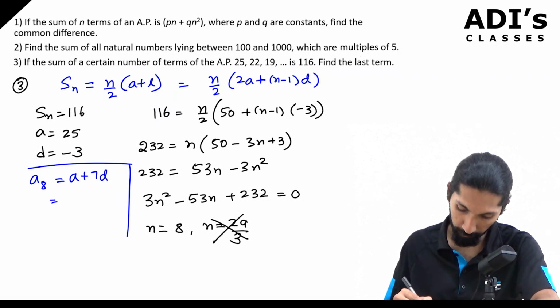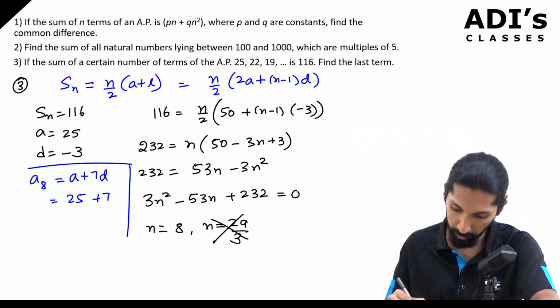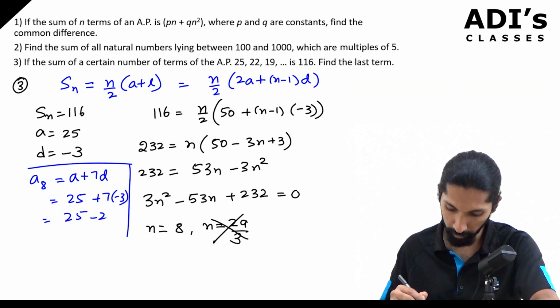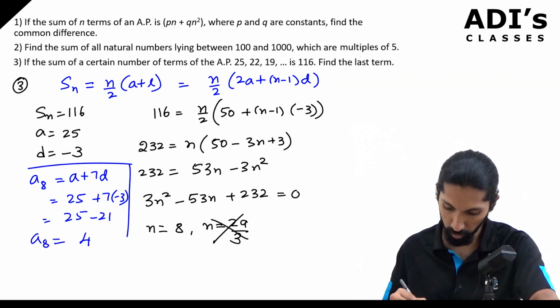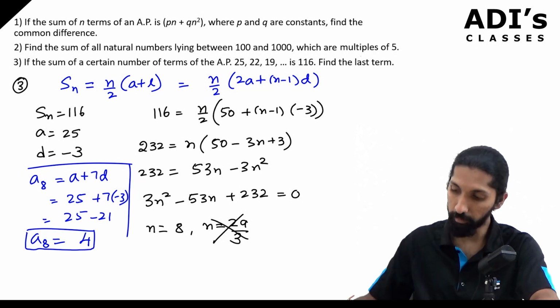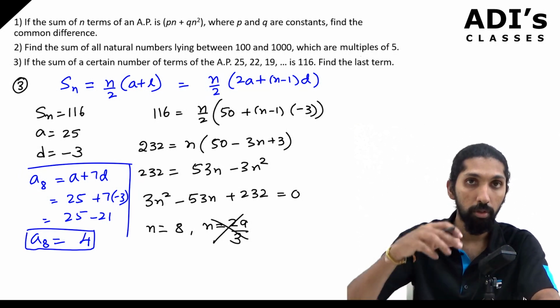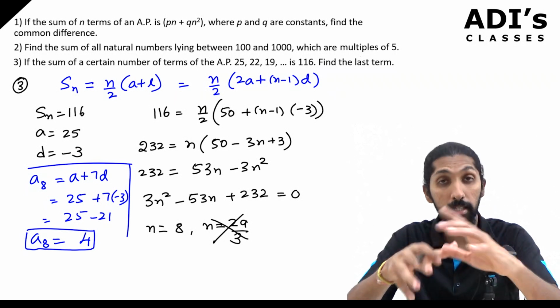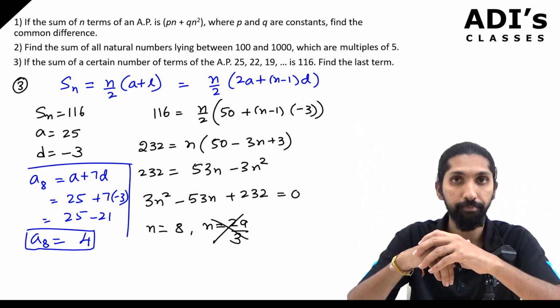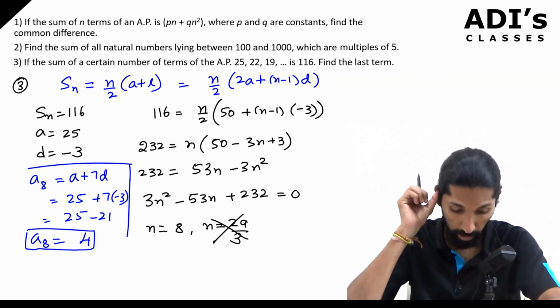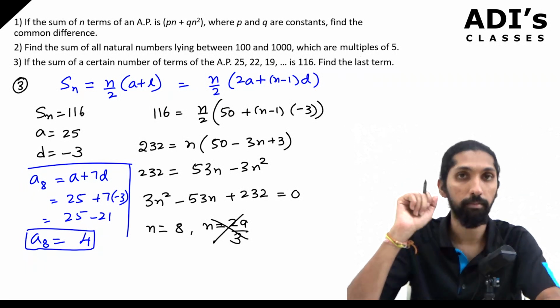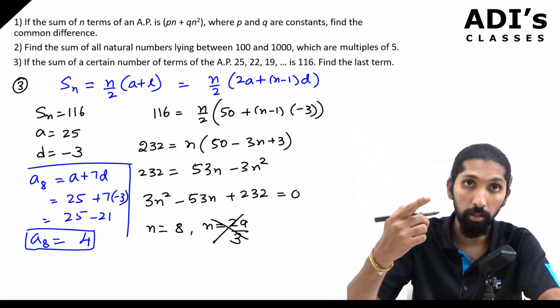Which is 25 plus 7 into minus 3. 25 minus 21, which is 4. So the last term which we are going to use to get the sum of 116 is 4. Clear? So this is the answer for the third one. Now let's move on and let's do the fourth one.